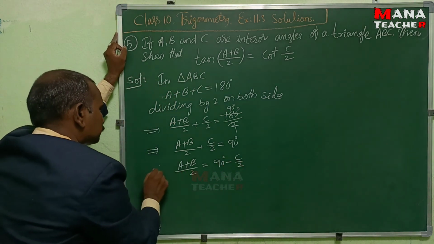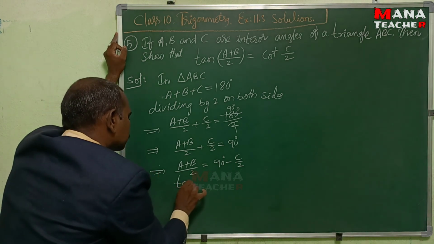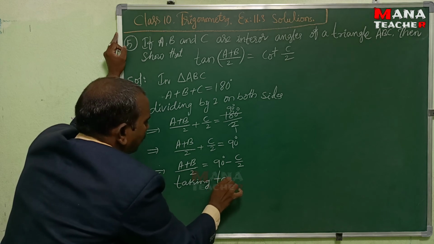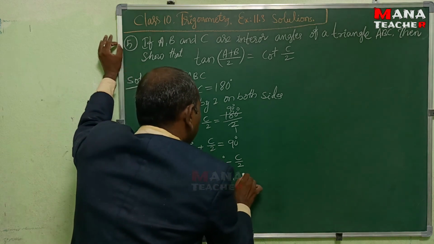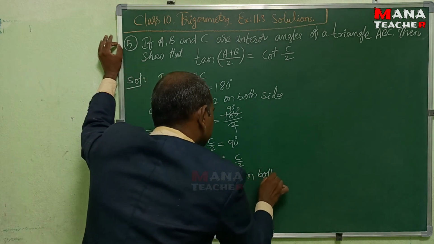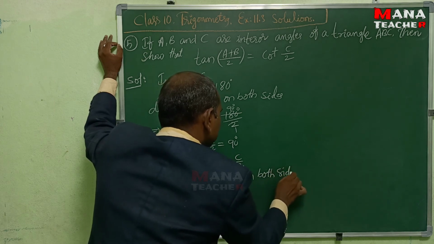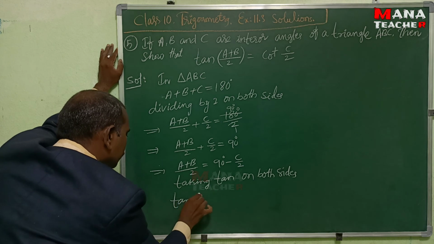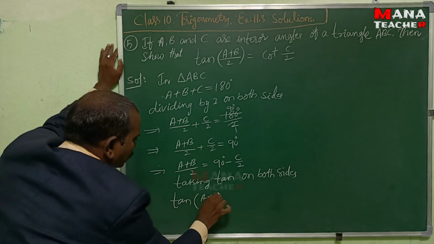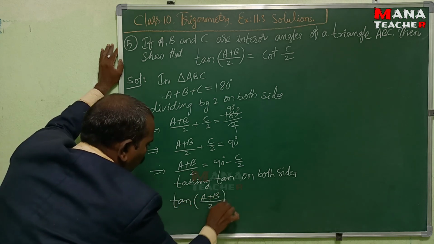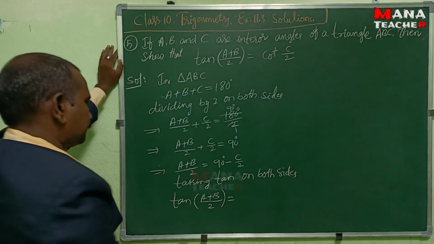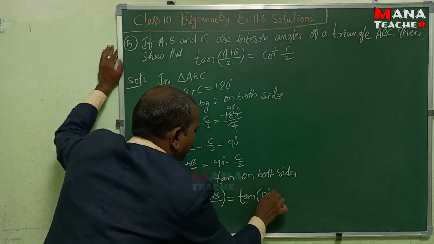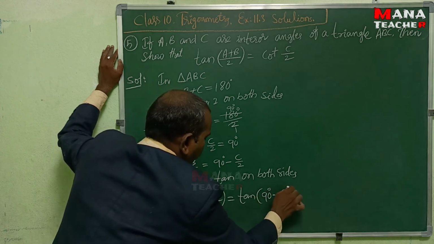Now taking tan on both sides, here tan of (A plus B) by 2 equals tan of 90 degree minus C by 2.